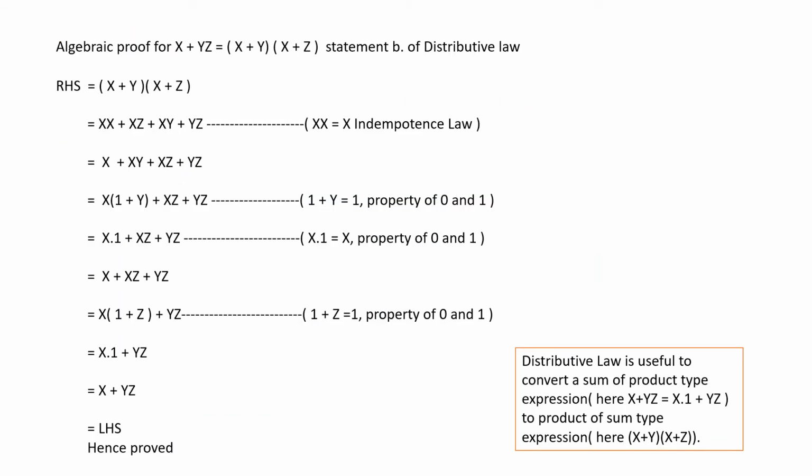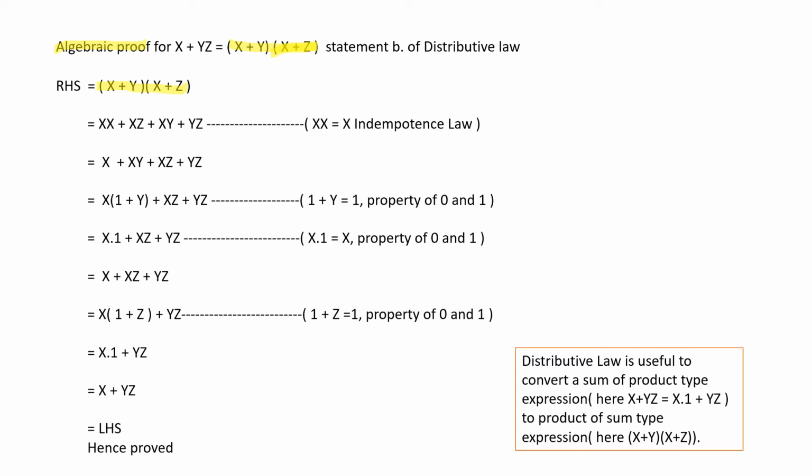Sometimes we might have to prove the theorems algebraically, and here we have taken the distributive law, statement B. To solve that, first let us take the RHS of that statement, which states (x OR y) AND (x OR z).